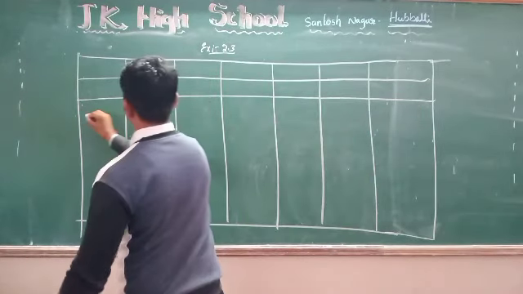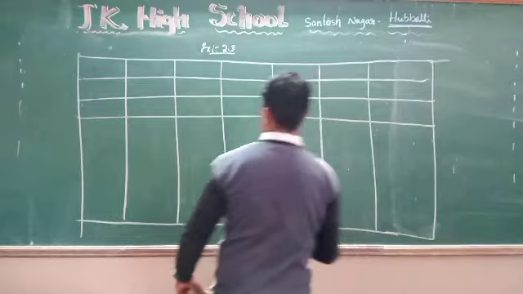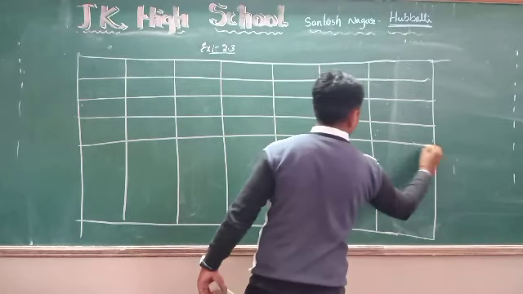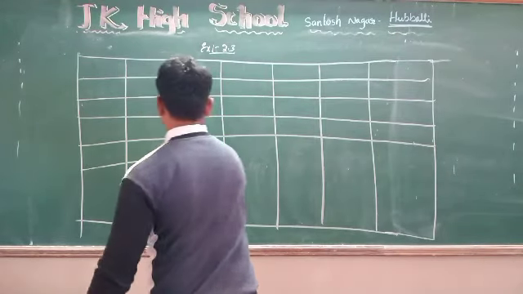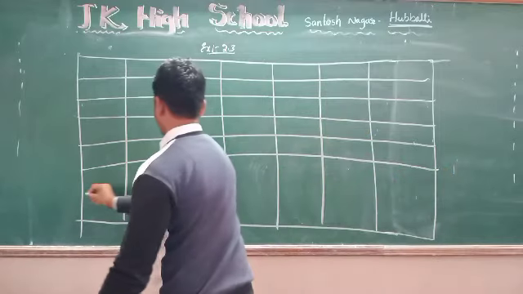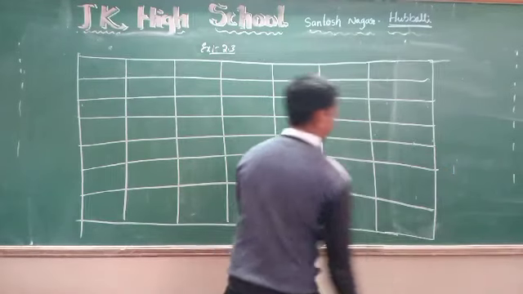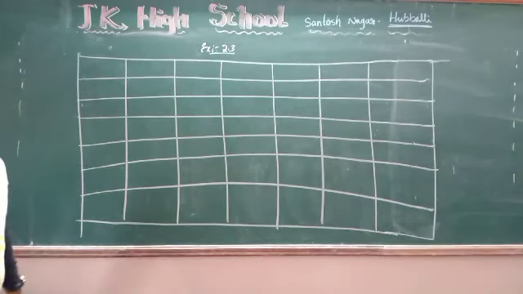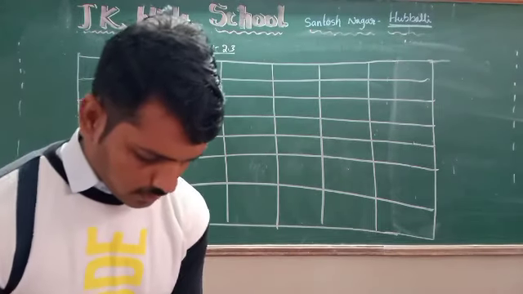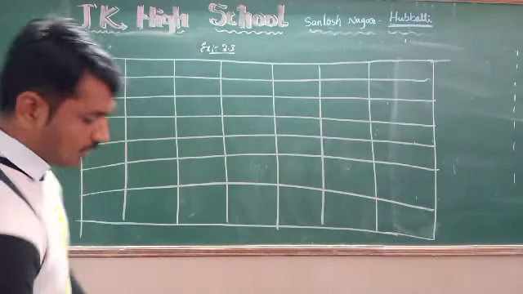One, two, three, 4, 5, 6 and 7. So let us take the numbers. The number 1, 3x.